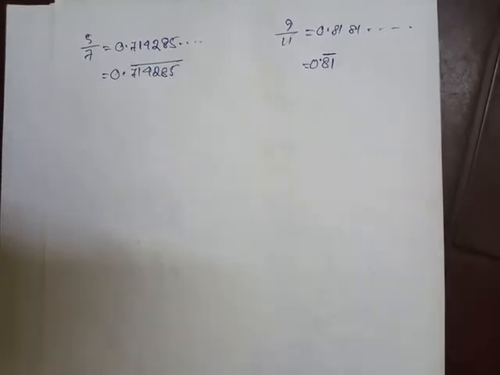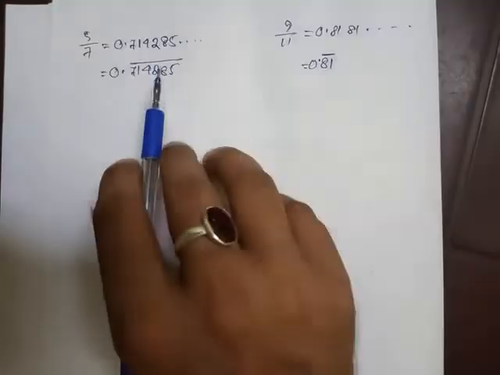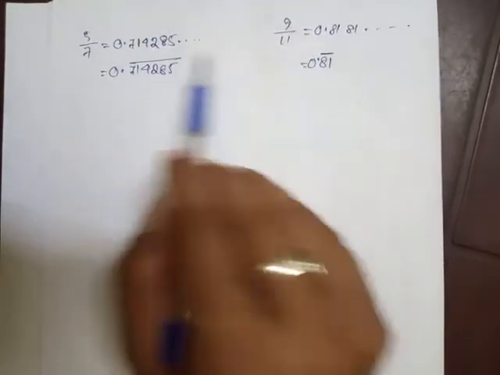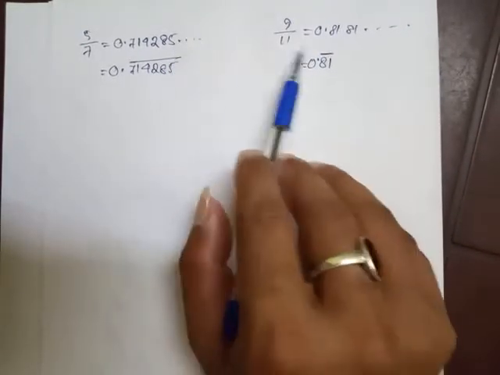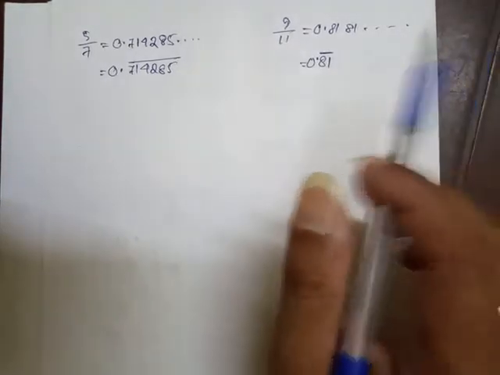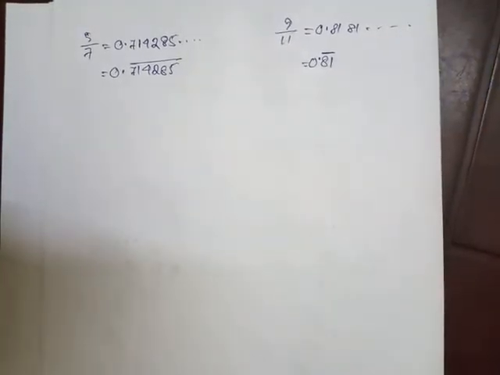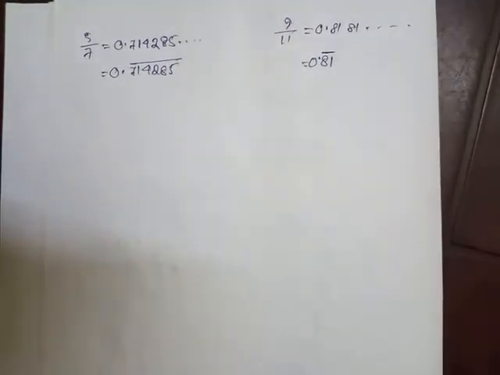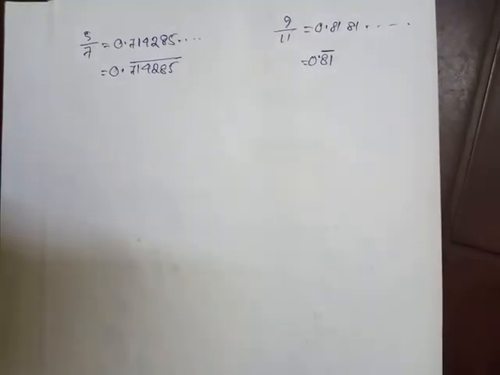Now student, look, 5 by 7 there is the answer, 9 by 11 there is the answer, which means these two answers are continuously repeating, which means non-terminating repeating decimal expansions. In the question it is said that we have to find out three irrational numbers between these two rational numbers.